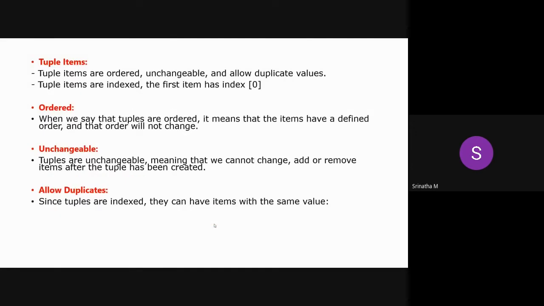Next, tuple items are ordered and you cannot change them. That's what unchangeable means. It is immutable. You cannot change it, and it allows duplicate values. That is not true with sets, which we discussed in the previous class. Sets won't allow duplicates. While creating, you can have any number of items with the same value, but once it is created, it removes all the duplicate items in the set.